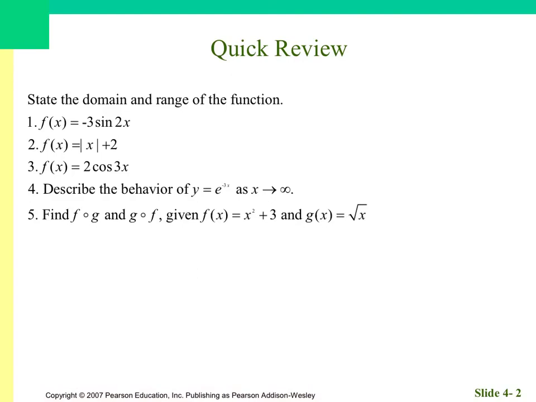Alright, so state the domain or range of the function. Well, the domain for any sine function is negative infinity to infinity. The range is -3 to +3 from the amplitude of A. Absolute value, well, domain, still negative infinity to positive infinity.